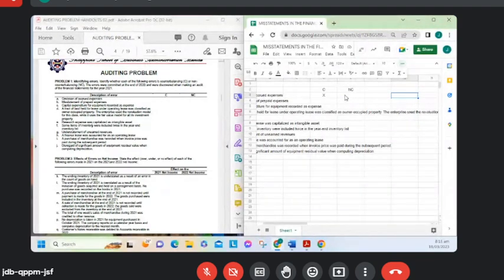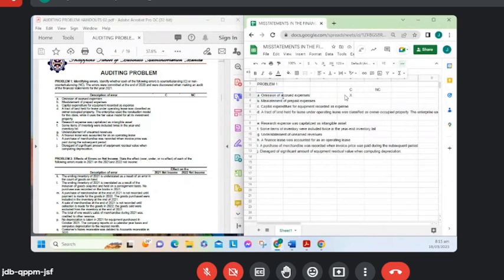Then what we're going to correct only is the effect of the overstatement in expenses. So we don't need to create an entry anymore affecting the accrued expenses. So that's what counterbalancing is. Okay? So there's no necessary entry to be made to correct the error in the balance sheet account, right?